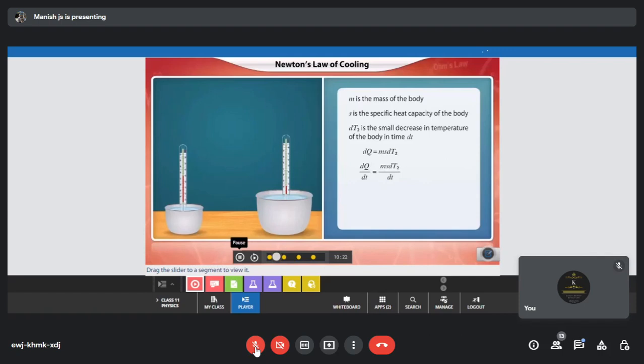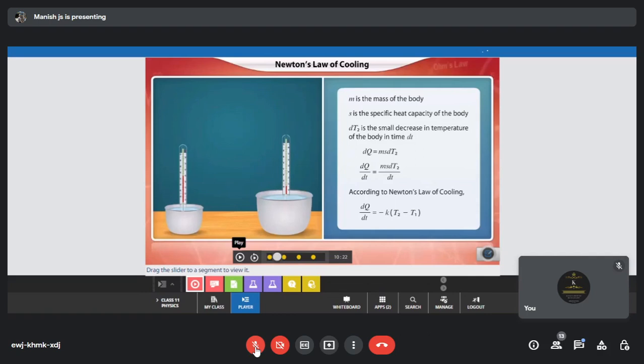The rate of loss of heat of the body is calculated as shown. According to Newton's law of cooling, the rate of loss of heat is expressed as shown. So can we equate both? From specific heat capacity, dQ by dt is ms dT2 upon dt.